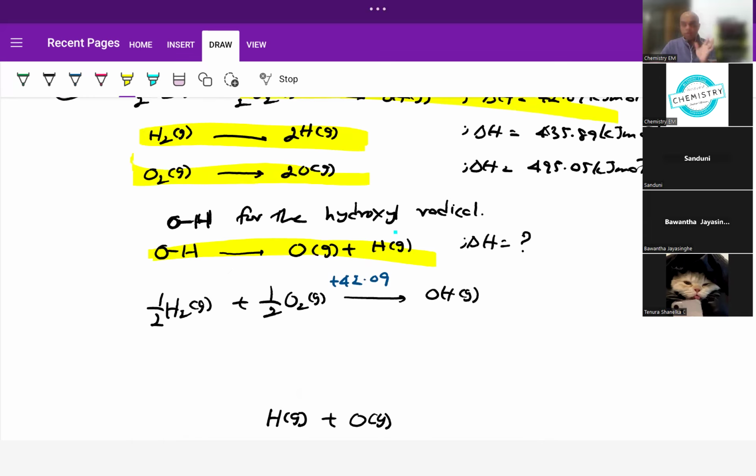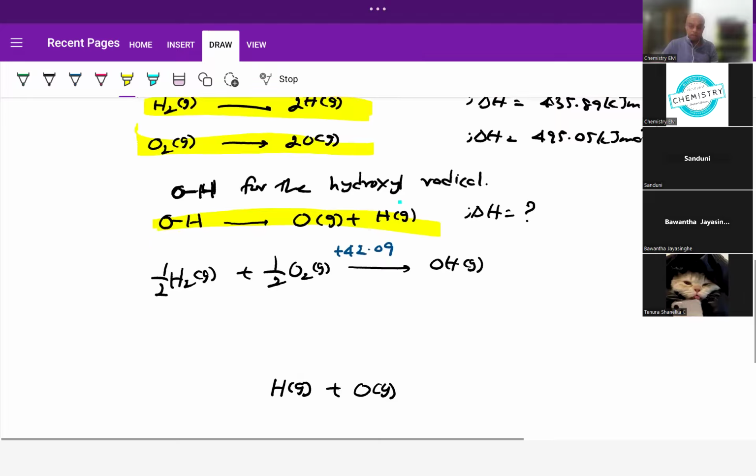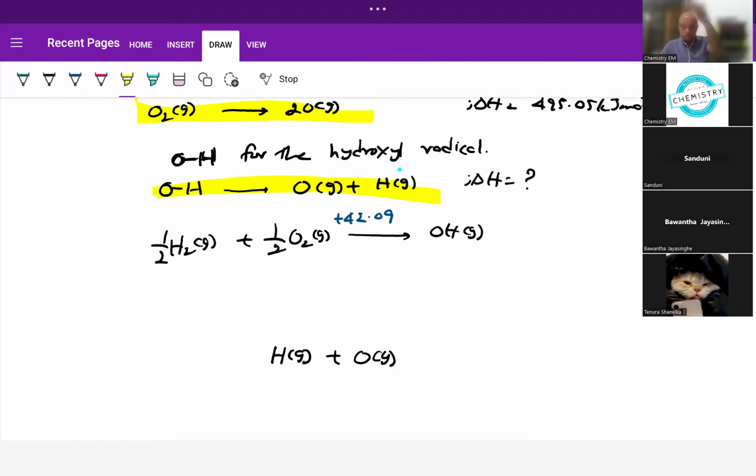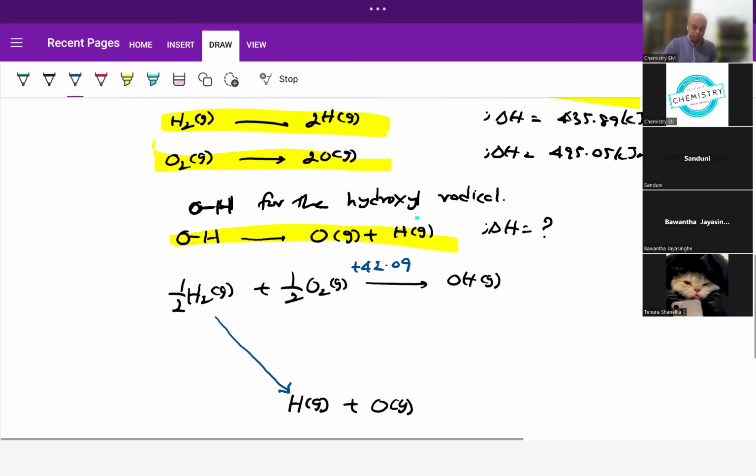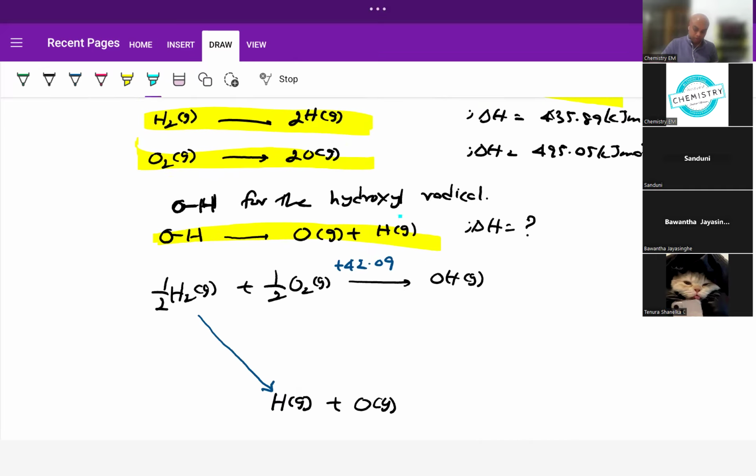So again, it makes a cycle, right? I will break all the bonds downwards like this. I will break this bond, which means this equation, but exactly half of it. Exactly half of the equation which is given, half, in the Hess cycle.